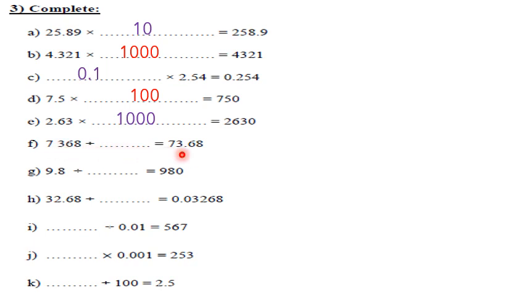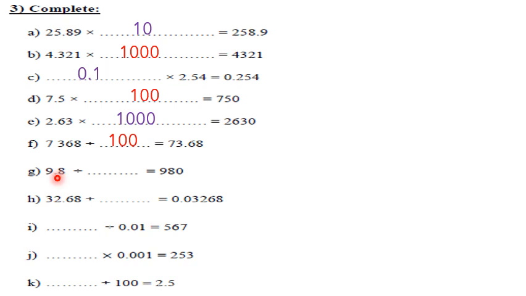Give me 73.68. Let me see here. Divided, that means I'm moving to the left. There is no decimal point. That means the decimal point is at the end. So let's move 2 places to the left. That means divided by 100.